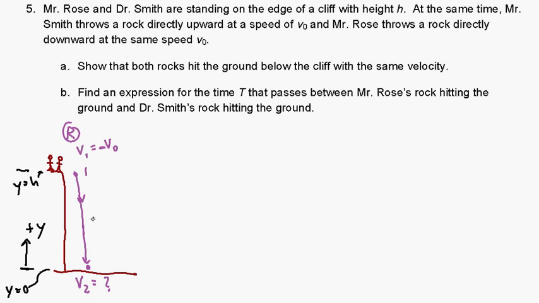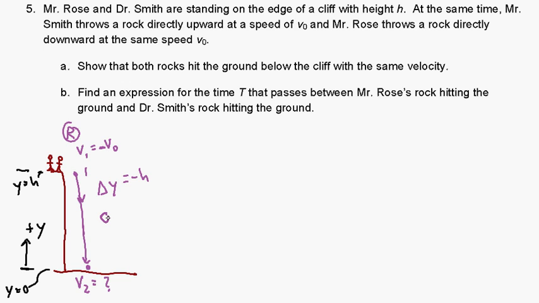And delta y for Mr. Rose's rock: it starts at y equals h, ends at y equals 0, so it goes through a change of h, and it's a negative change because it goes from h to 0. So delta y equals negative h. Finally, what's the acceleration of Mr. Rose's rock?